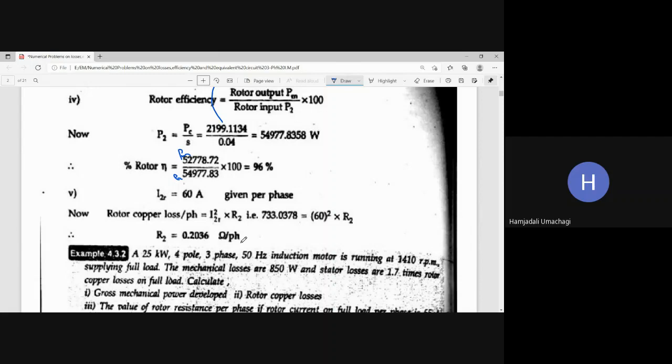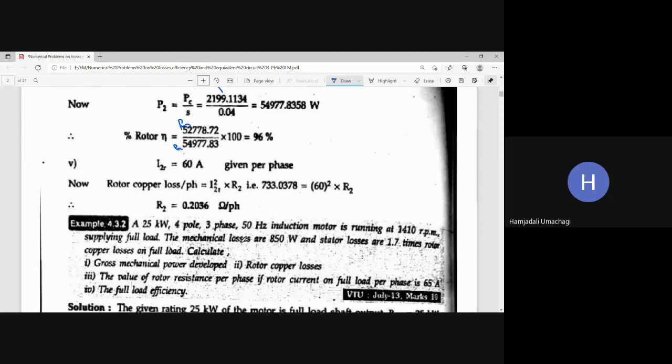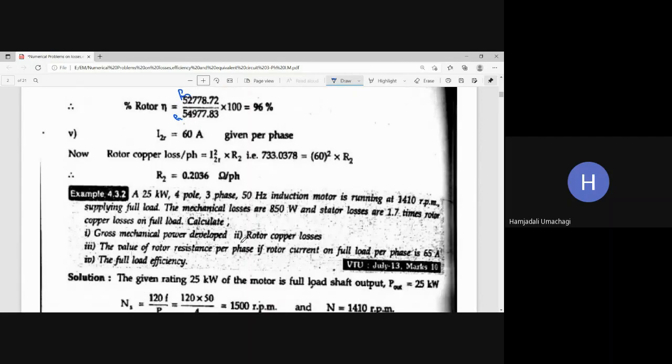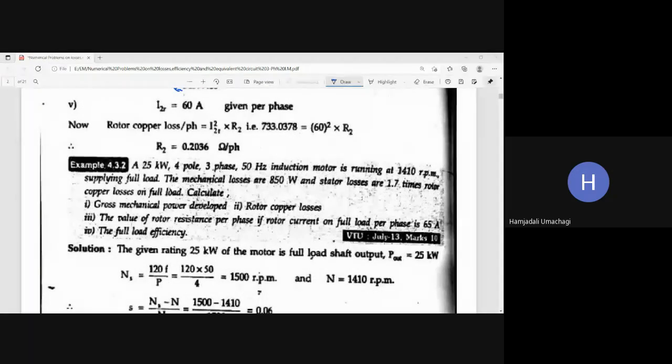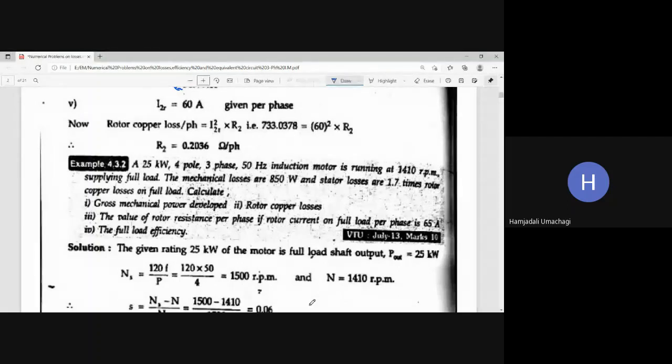Now, let us see the next problem. The next problem is once again based on the losses and efficiency of a three-phase induction motor. See the problem statement: a 25 kilowatt, 4-pole, three-phase, 50 hertz induction motor is running at 1410 rpm, supplying full load.